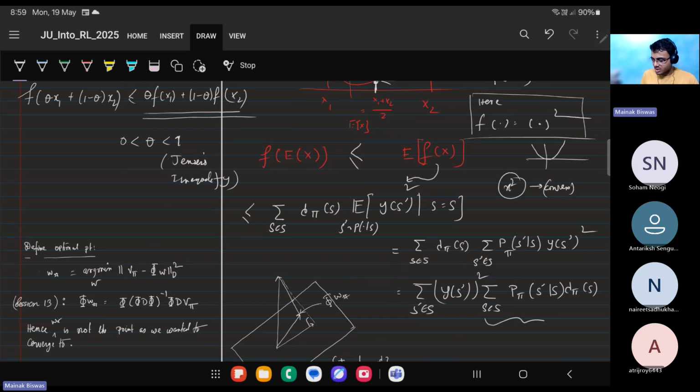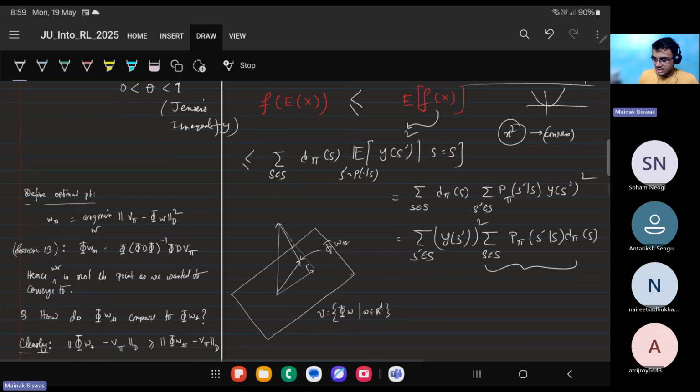What is this inner summation? We have done this multiple times. See, d pi is the stationary distribution, P is the transition matrix. Then we can use the stationarity equation, yes or no? This is exactly what I did, no?